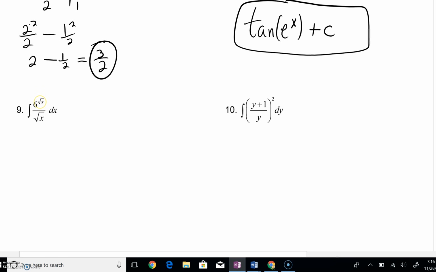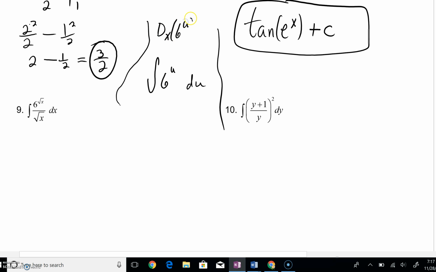We have a 6 to the rad x here. And really what you're going to remember, I hope, is if I gave you something like 6 to the u du, you're probably thinking, well, wow, I might have forgotten that a little bit. Remember what the derivative of 6 to the u is.